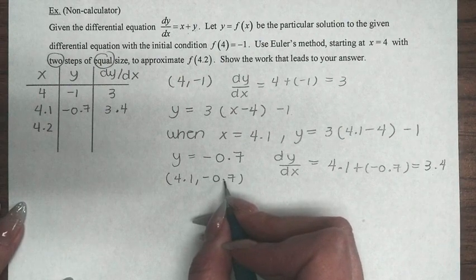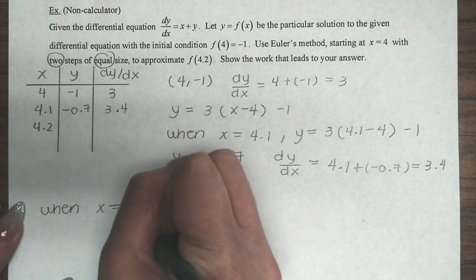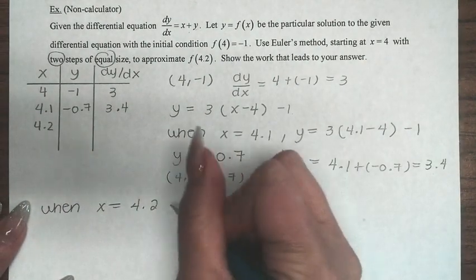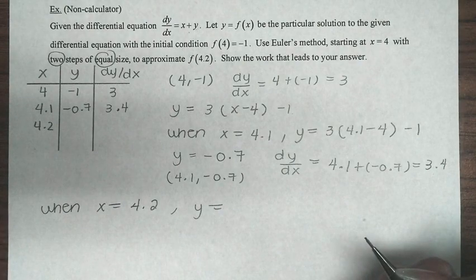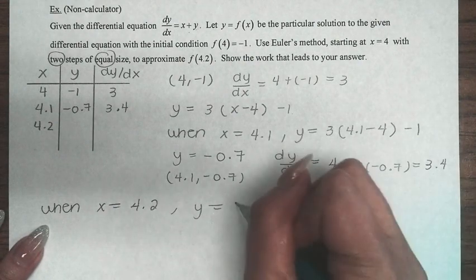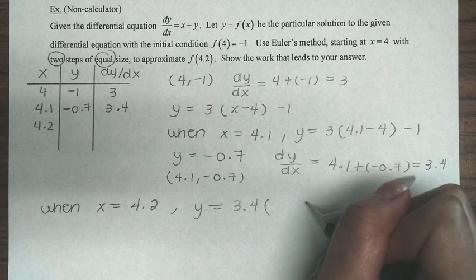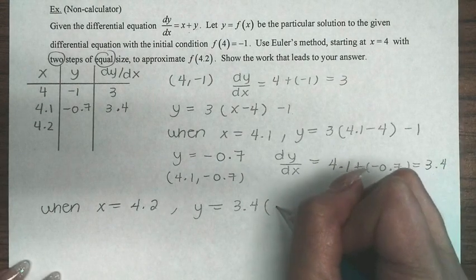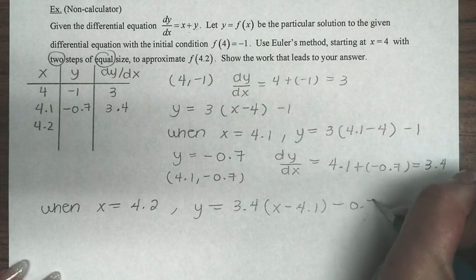When x is equal to 4.2, the y is going to be equal to your new y, which would be 3.4 times x minus 4.1, minus 0.7.